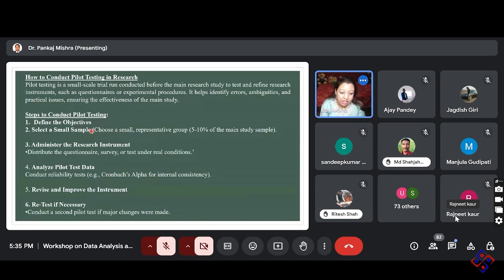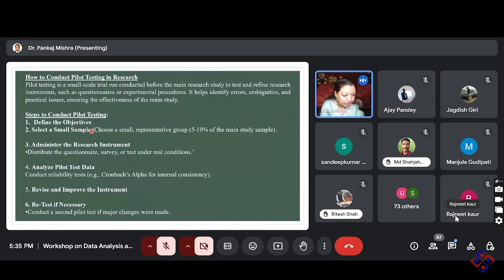Whether each and every parameter is okay or not, for that only we do the pilot testing. We generally do pilot testing for the questionnaire or the tools that we are using. Now there are certain steps of conducting this pilot testing.